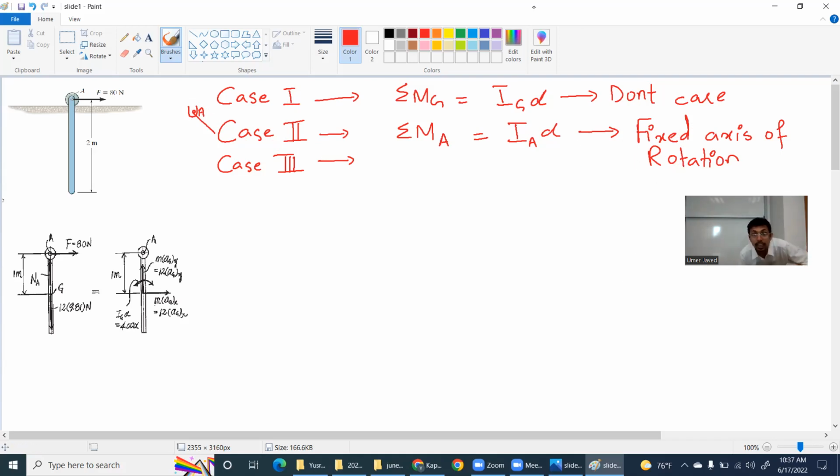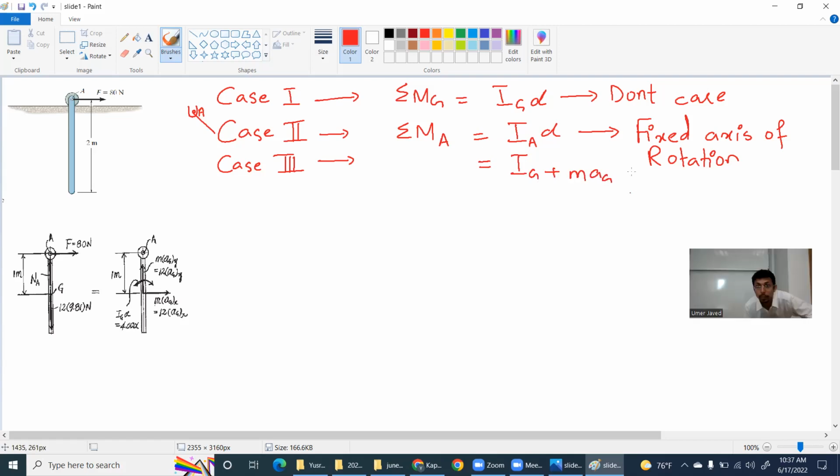Inside this, I talked about how you can always write IA as IG plus MR square, multiplied by alpha. So we were doing all of these things.